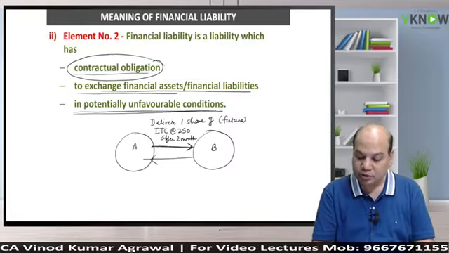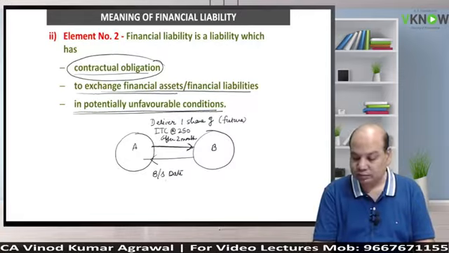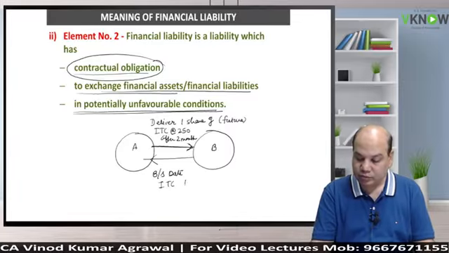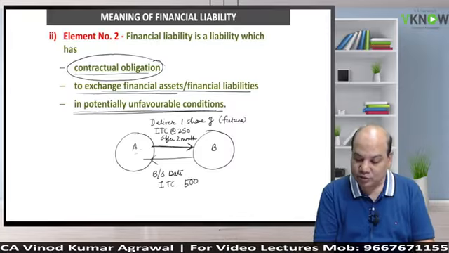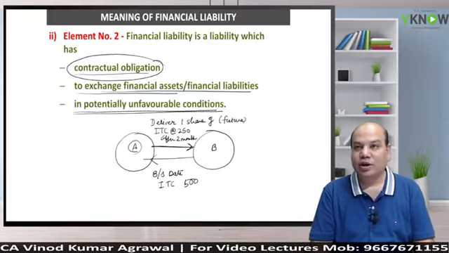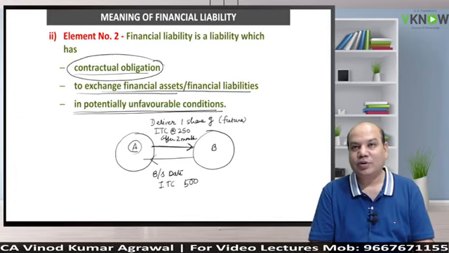Now what happens on the reporting date, on the balance sheet date? ITC price is 500 rupees now. So what is the promise of A to B? I will deliver to you one share of ITC at 250 rupees, but the price on the balance sheet date is 500 rupees.